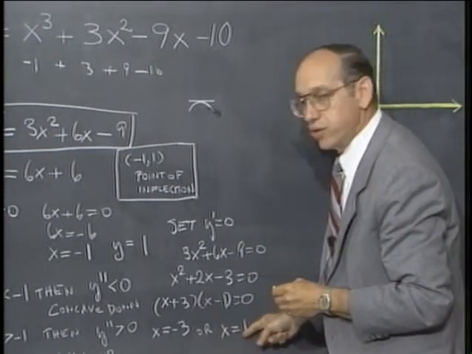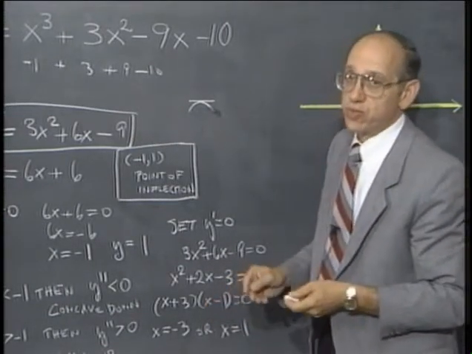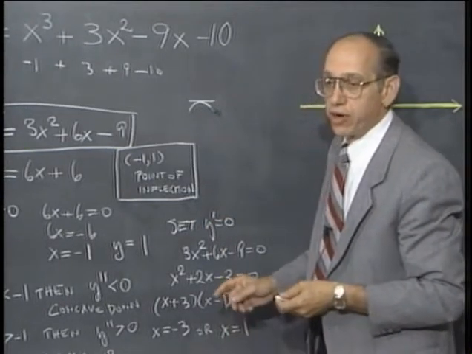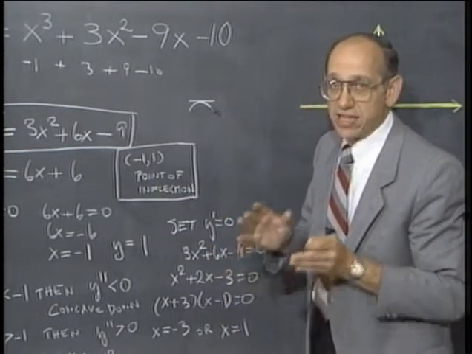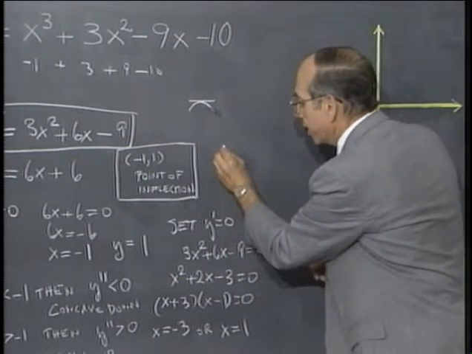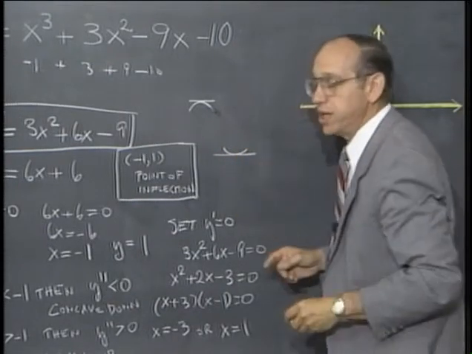Similarly, at x equals plus 1, you're in the region where x is greater than minus 1 and the curve is concave up. So at x equals plus 1, the curve has a horizontal tangent and it's concave up. That means the graph has to look something like this. It's got to be concave up and have a horizontal tangent.